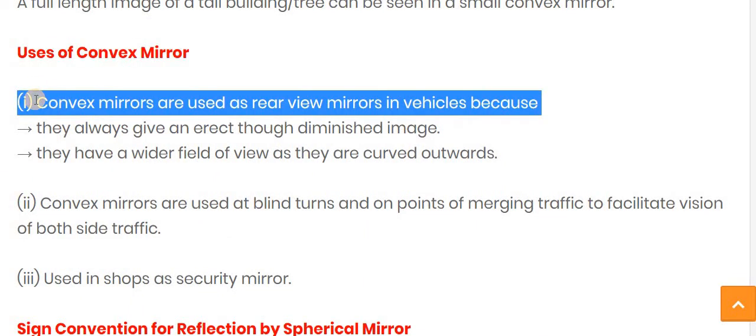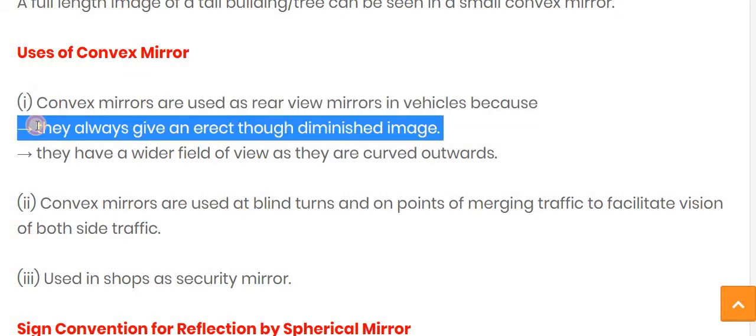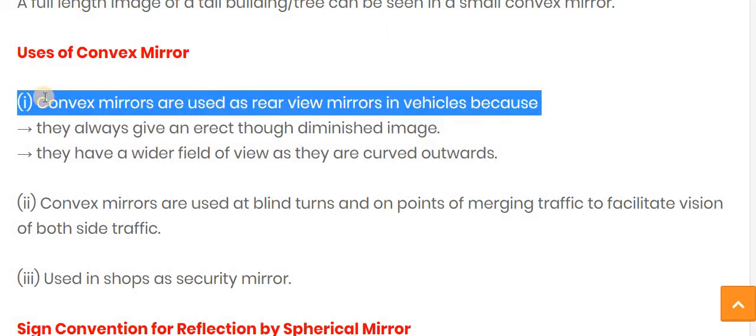The first use is that convex mirrors are used as rear view mirrors in vehicles because they always give an erect, diminished image. Why?